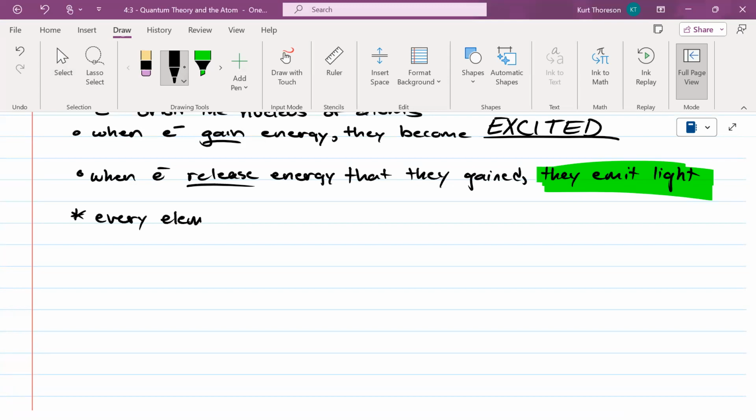Every element emits a unique frequency of light.